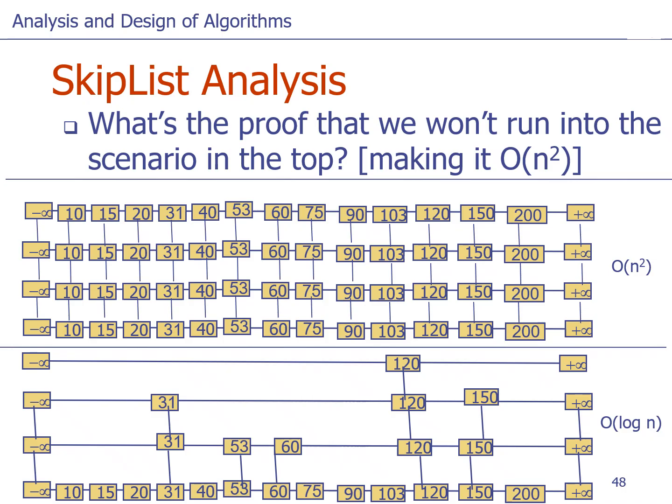So more or less you will end up with a picture that looks like what I have put at the top of this slide. This horrible kind of linked lists of linked lists where basically all the levels are replicas of each other. So what prevents us from getting O of n squared, and what makes us provide a guarantee that this is actually going to be log n? And this is really what randomized analysis is going to show you.